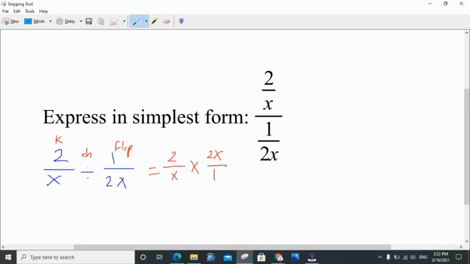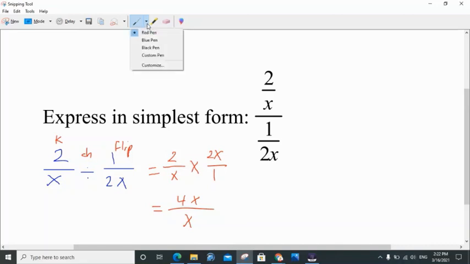Now I am going to rewrite this expression to be just one fraction. So 2 times 2x is 4x. x times 1 equals x.